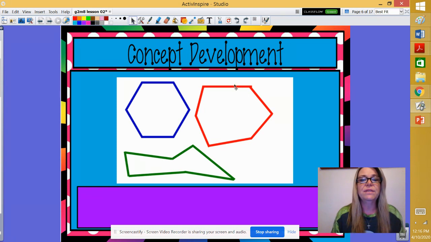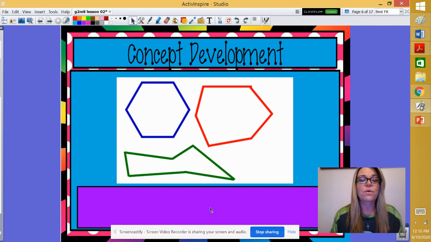Let's count the sides on this shape. 1, 2, 3, 4, 5, 6. How many angles do you think it has? Let's see. 1, 2, 3, 4, 5, 6. So this shape has 6 straight sides. It's a closed figure, and it has 6 angles.